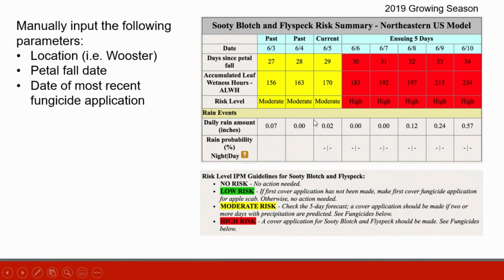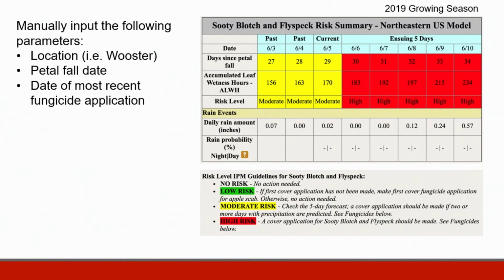So yellow represents a moderate amount of risk. Low risk is represented by green, and high risk is represented by red.